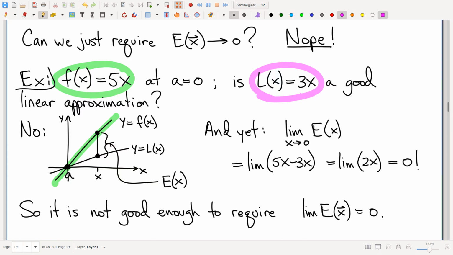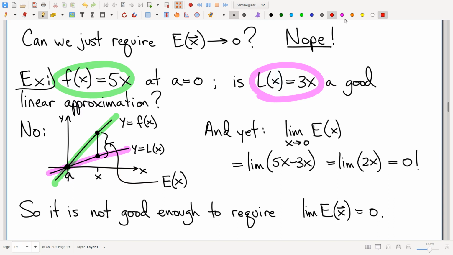Right? So, but okay, does this satisfy our rule? Is this eliminated by our new requirement that error needs to go to 0? Let's play the game and see. Here's the graph of our candidate linear approximation.